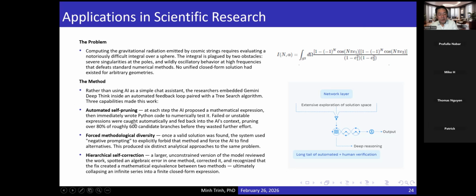It will code it in Python and test it, and then it will fail. There will be some test to see if it succeeds, if it is stable or not. If not, it gets pruned, and then it will come up with other solutions. So it's a bit of a brute force approach. Then at the end, one will come up with a solution.